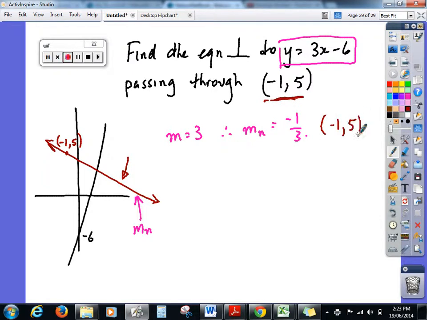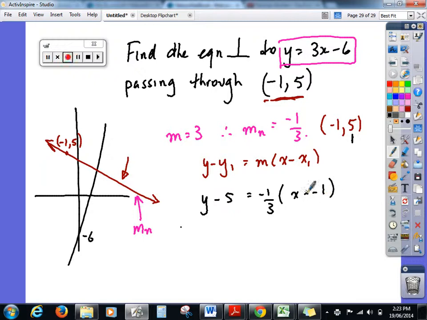So we can use y minus y1 equals m times x minus x1. And placing in the numbers now, we get y minus, now y1 is 5, m is negative 1/3, and x minus negative 1. The two negatives will cancel for a positive. Now, because we've got a fractional gradient, it's probably best to place this into general form.